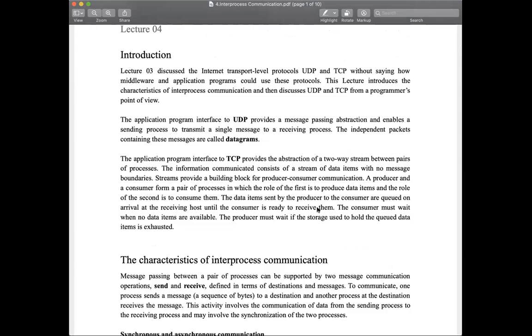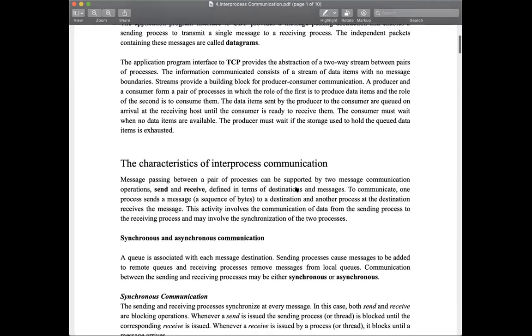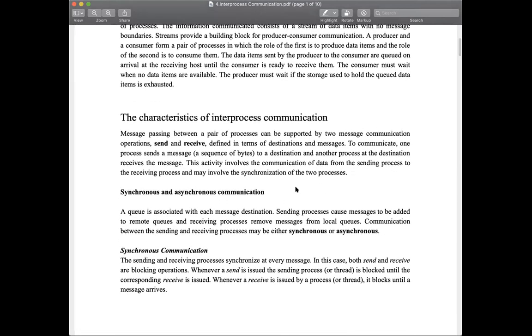In UDP we refer to datagrams, and in TCP we use streams. We will discuss these things. Basically in interprocess communication, we are talking about two operations: message passing between two processes.